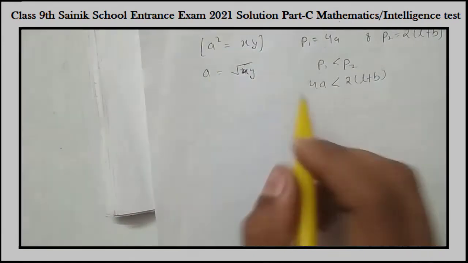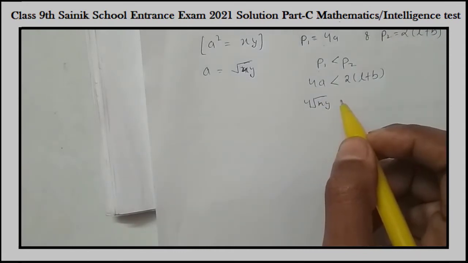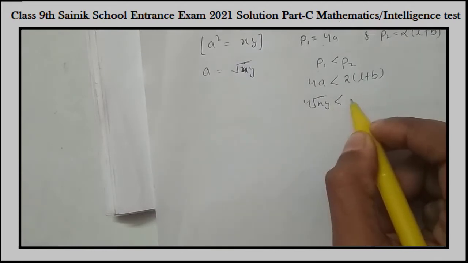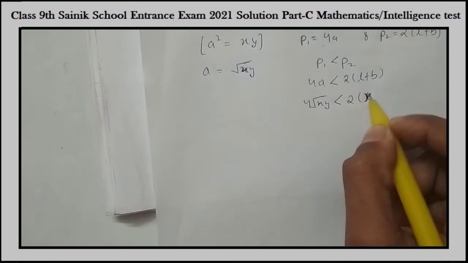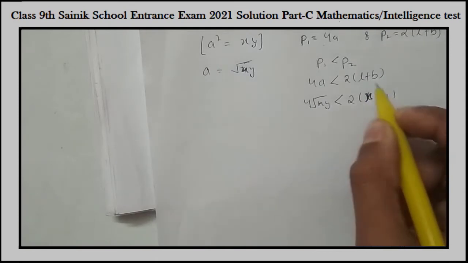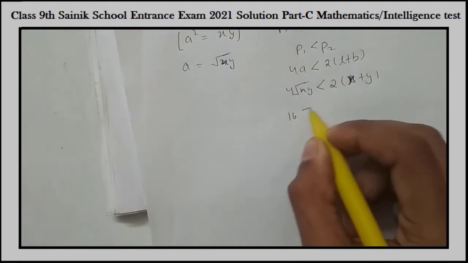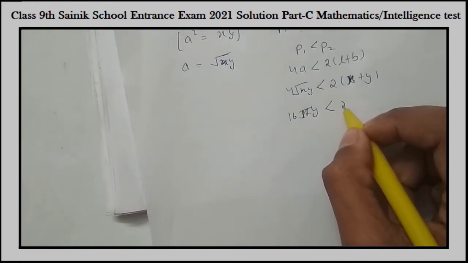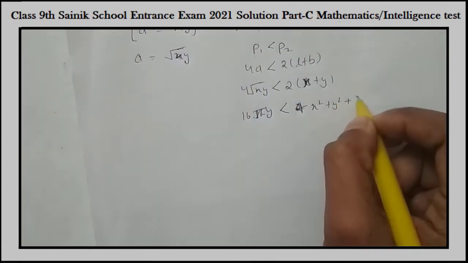So put 4 multiplied by root xy is less than 2 times x plus y, since the value of L plus B is x and y. Squaring both sides, 16xy is less than 4 multiplied by x square plus y square plus 2xy.